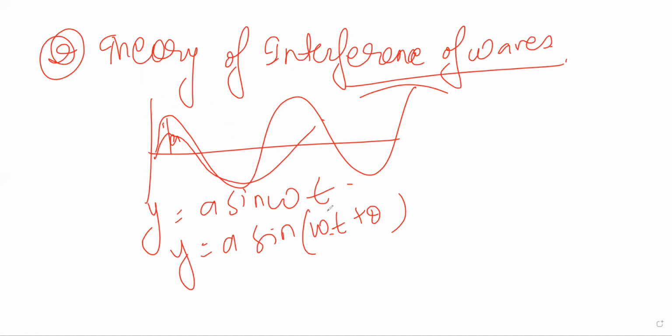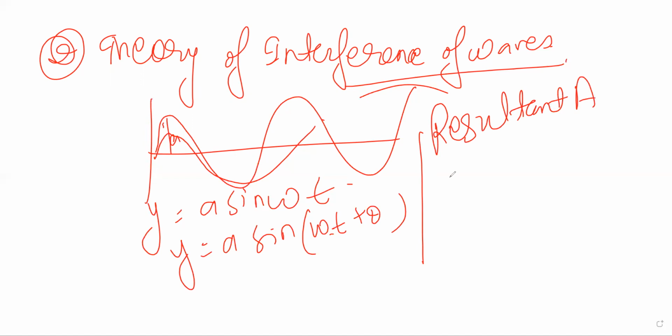Then after joining these two things, we get the resultant amplitude. Resultant amplitude A will become what? Root over A square plus B square plus 2AB cos of phi.